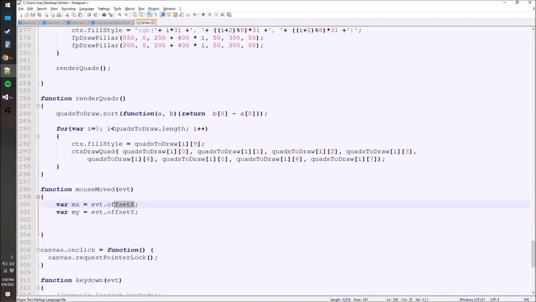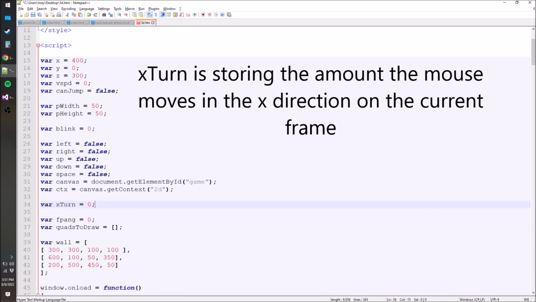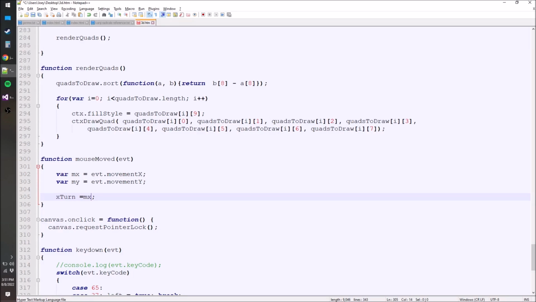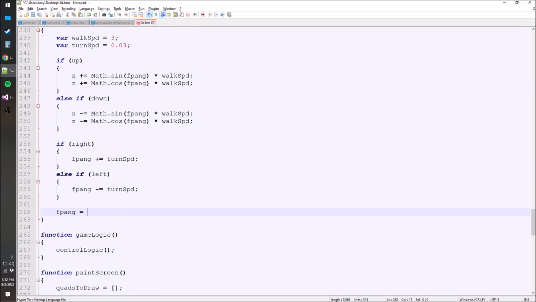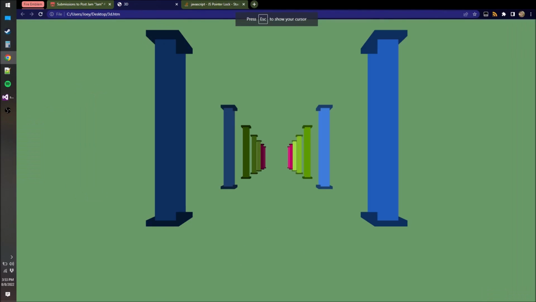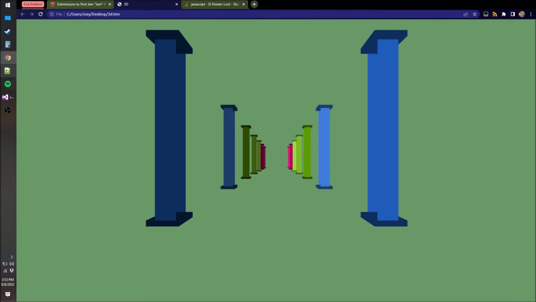Okay, so instead of offset X, I say movement X, movement Y, I don't know, X turn. Say fpeng equals X turn, and just set X turn equal to 0. What is happening? Okay, so that's not good.